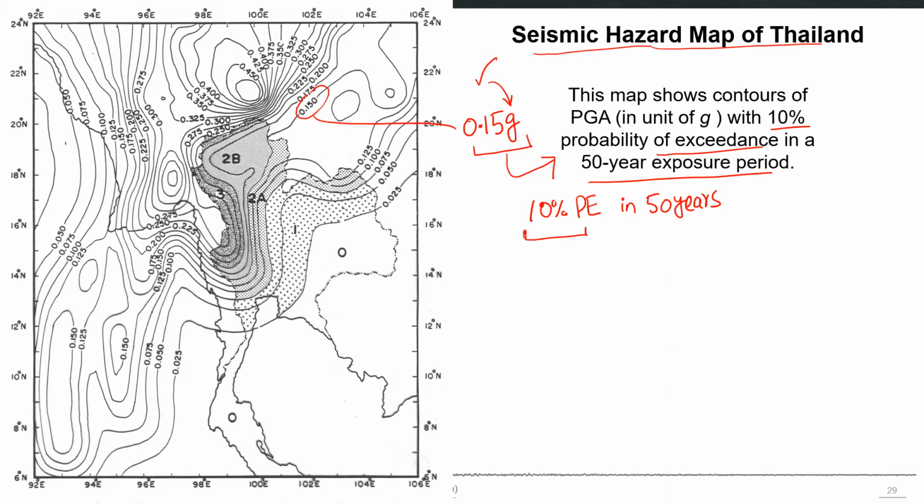So this 10% represents a kind of acceptable risk.